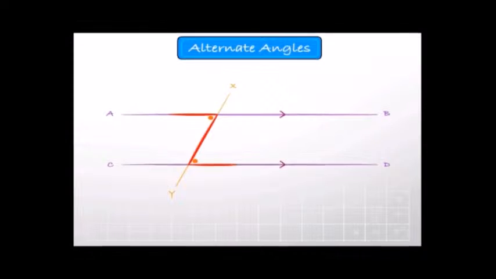Let's look at another example of alternate angles. Once again, these two angles are alternate angles. They still can be associated with the Z shape that was mentioned earlier. However, you will notice that they are different from the alternate angles in the previous diagram.